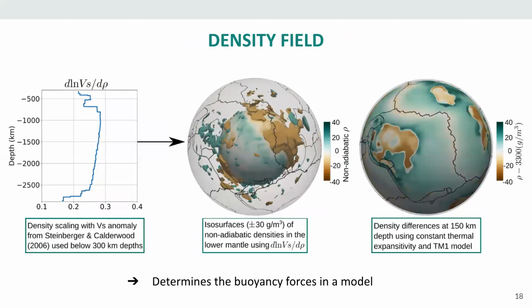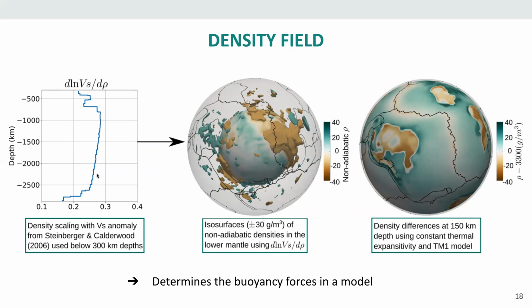Based on this temperature field, I also compute the density field, and the densities from tomography at depths below 200 kilometers come from the S-wave tomography, and it has a different scaling factor at different depths. This profile is based on inversion of geoid, which was done by Steinberger and Calderwood, and this is consistent with the surface observation of geoid.